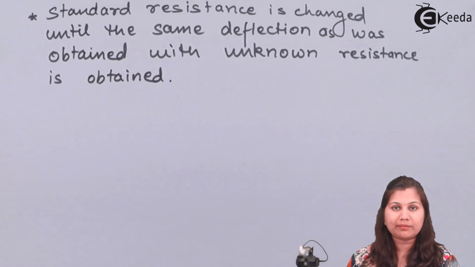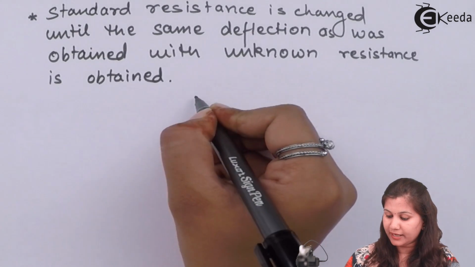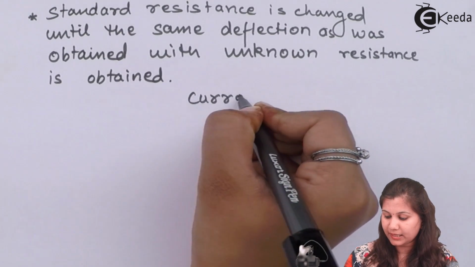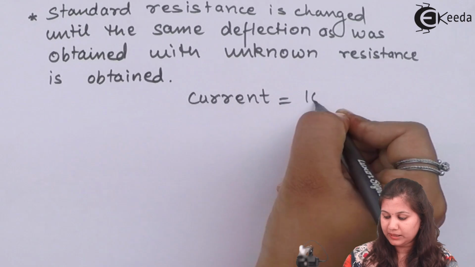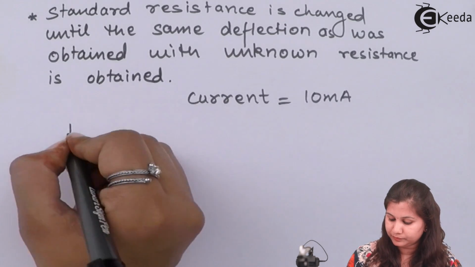Now as we are obtaining the same deflection in both the cases, like working current, ammeter reading is the same, it is 10 milliamperes. So current is the same, it means the resistance values are equal.